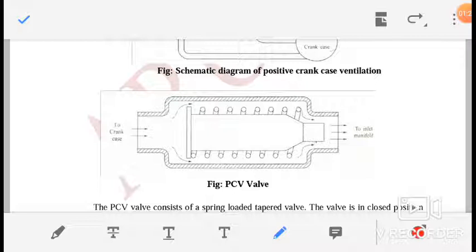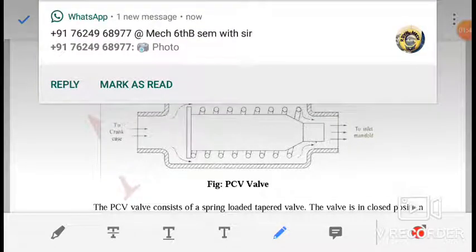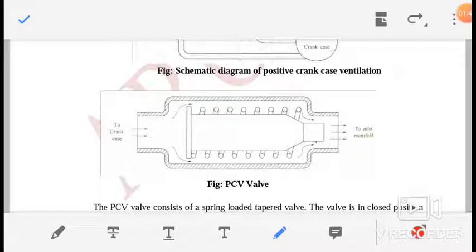During idle and deceleration, the amount of blow-by gas is less due to lesser engine load, and a small PCV valve opening is needed to move blow-by gases out of the crankcase.